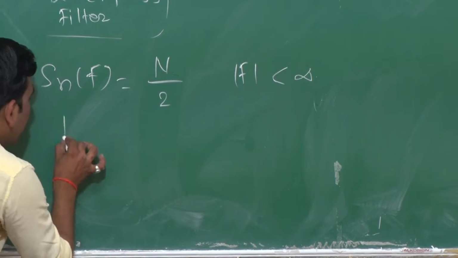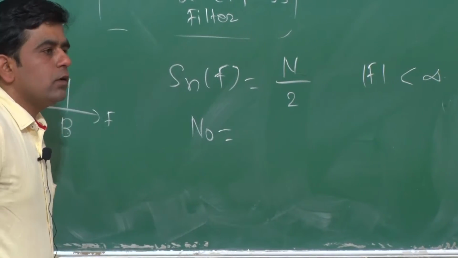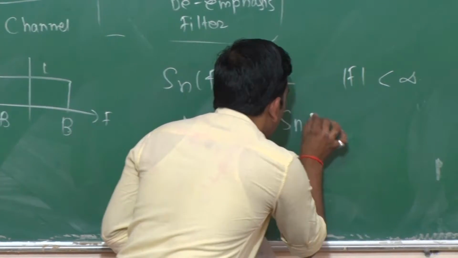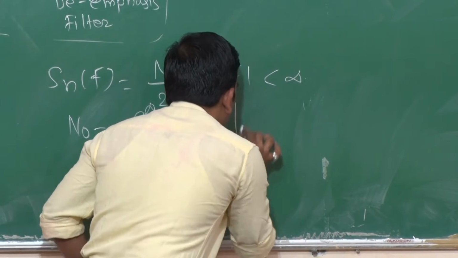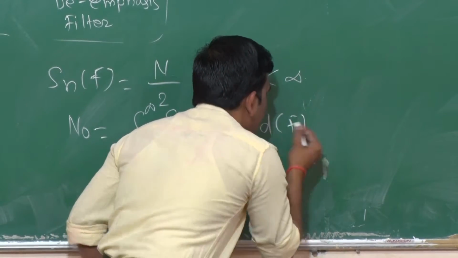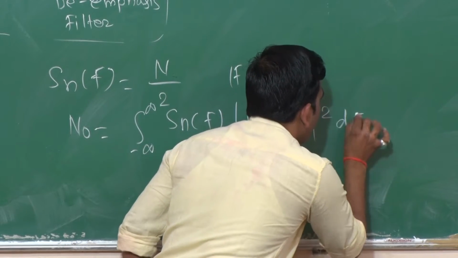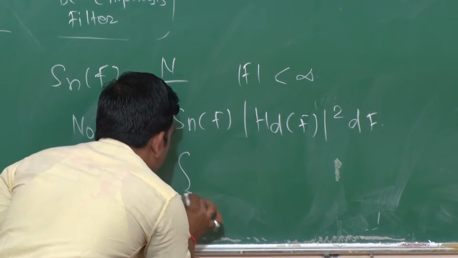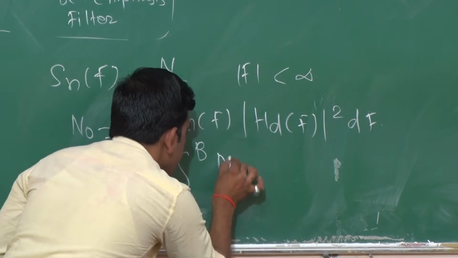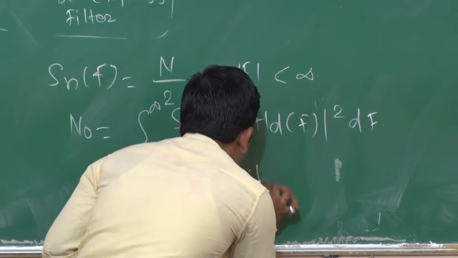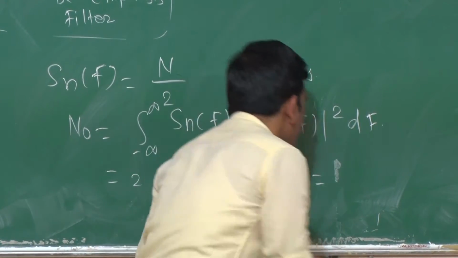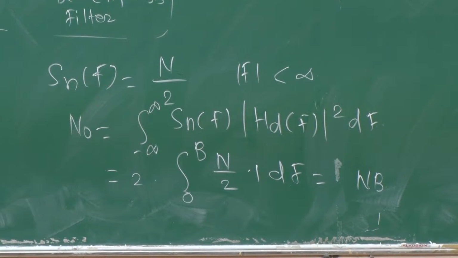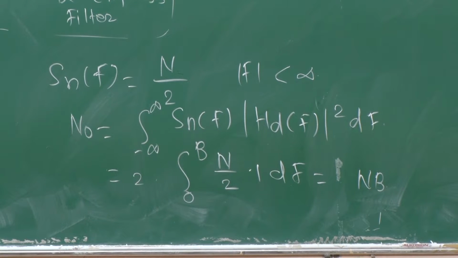Here capital N0 will be given as the integration from minus infinity to infinity of Sn of f.